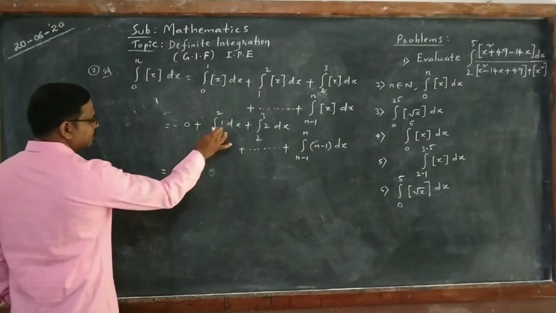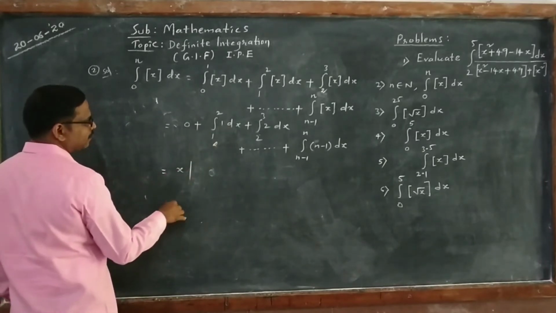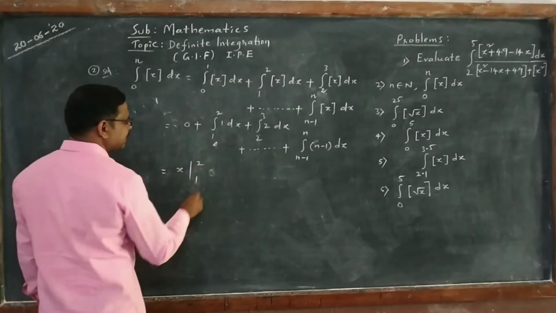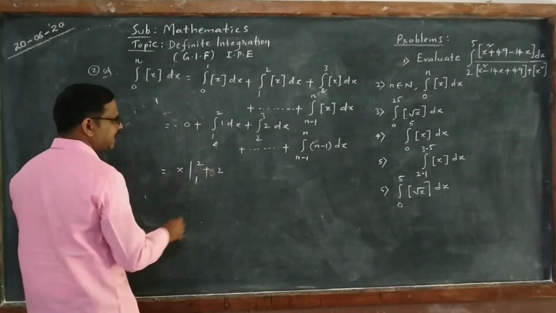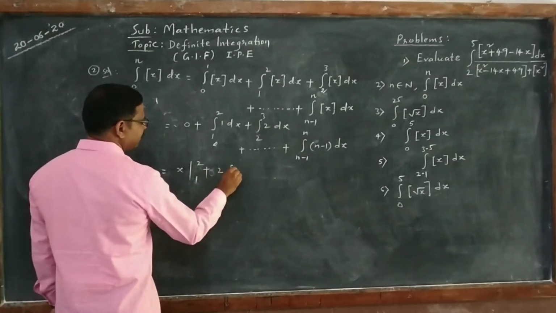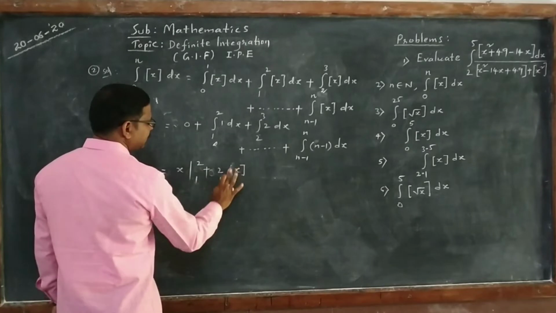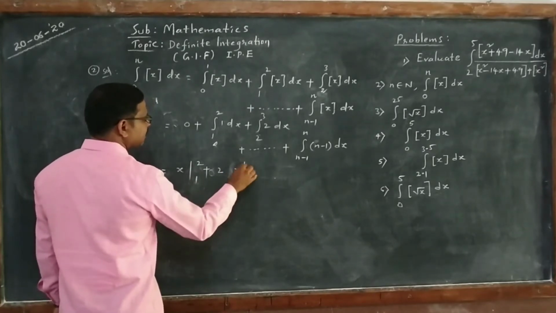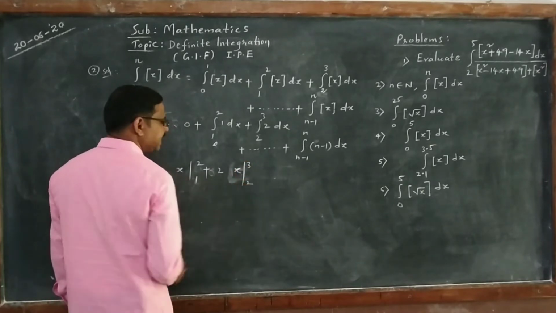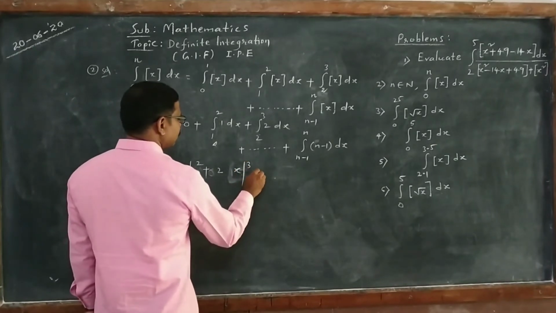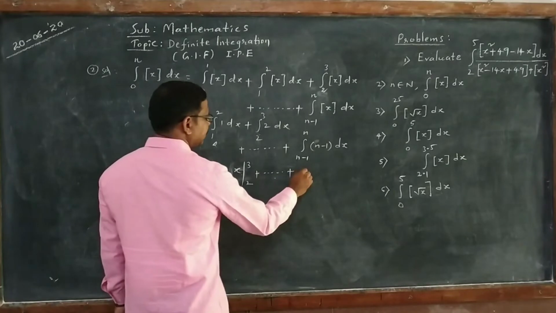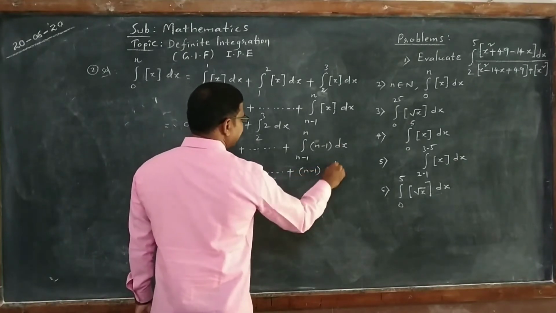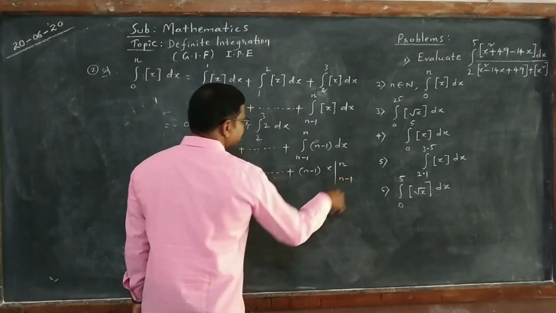Now integration of 1 is x, plus 2 keep outside, again integration is x, and so on, plus n minus 1 into x from n minus 1 to n.